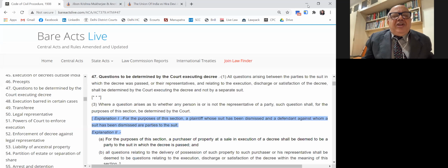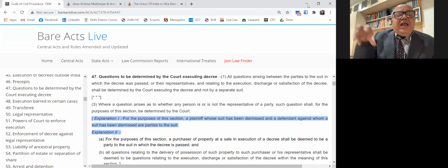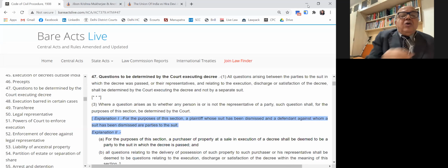The entire proceedings are sham, colorable, and bogus. And the property which has been shown, what is attached is not the property of the judgment debtor. It is my independent property. And by no stretch of imagination or by necessary implication, such property can be attached. How can you attach third party? That is how. Only you can attach the property of a garnishee who is a person claiming under the judgment debtor.